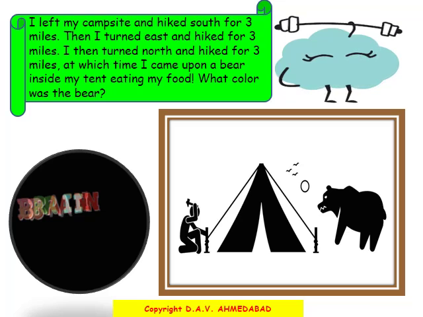I then turned north and hiked for 3 miles, at which time I came upon a bear inside my tent eating my food. What color was the bear? Well, you can take a 5 minutes break, come back to it and check the answer and continue with the lesson after 5 minutes.